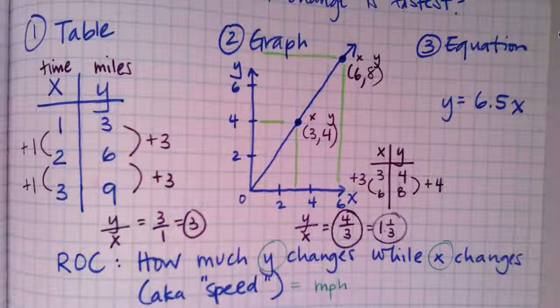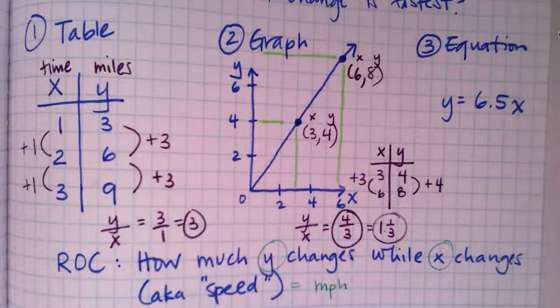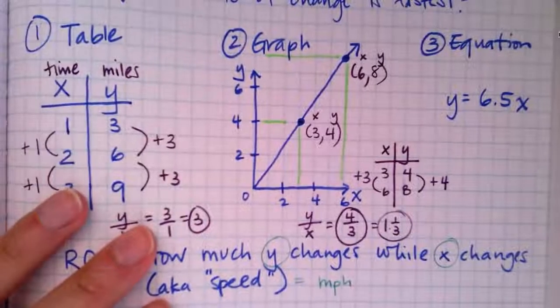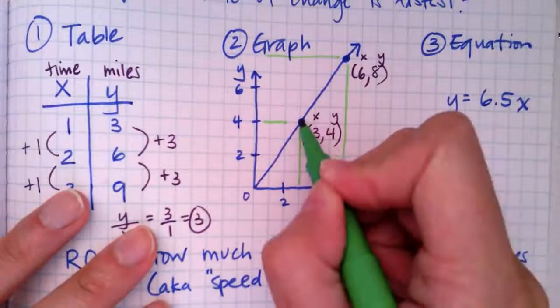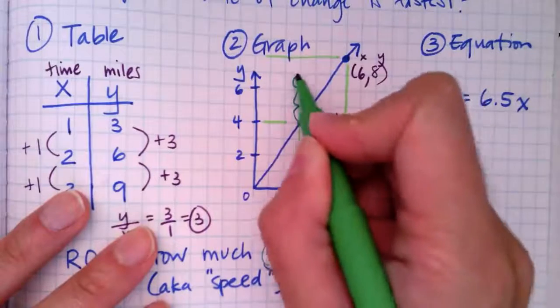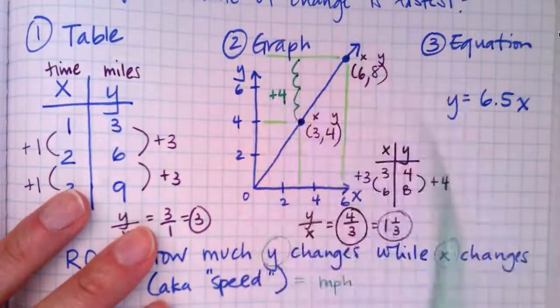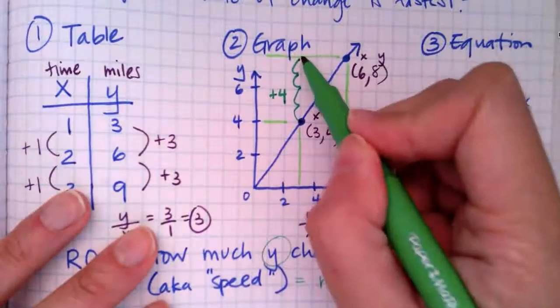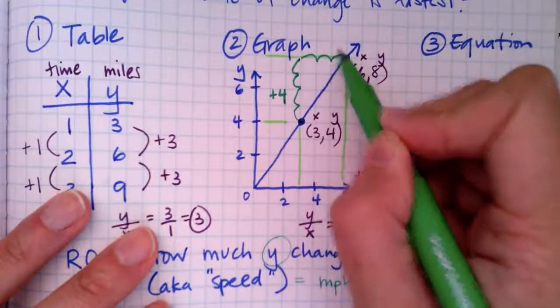The other way you can find 4/3 is you can use the graph. Okay? You might have heard something like rise over run. So basically you just go from your first point and go up 1, 2, 3, 4. That's how you get your plus 4. And then run 1, 2, 3, plus 3.